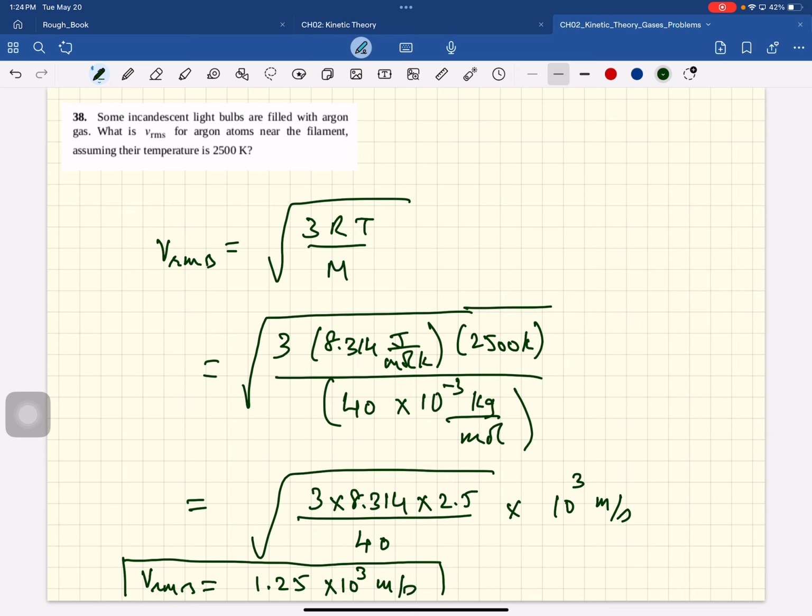That's about 1.25 kilometers per second. So those argon atoms are going from here to the speedway in 1 second.